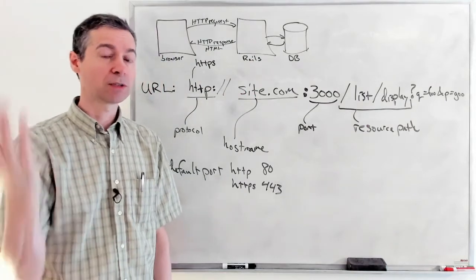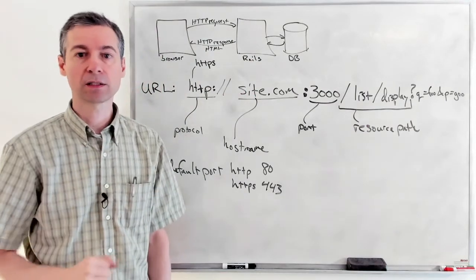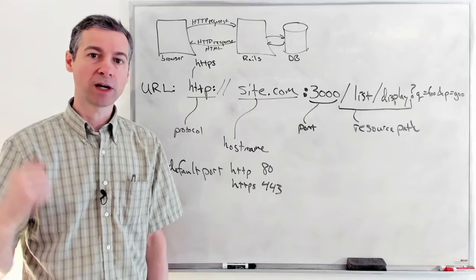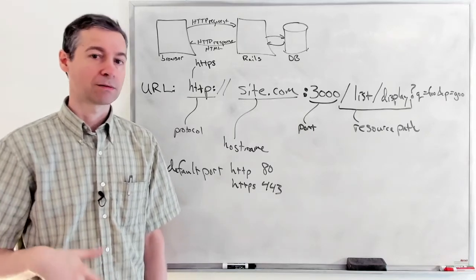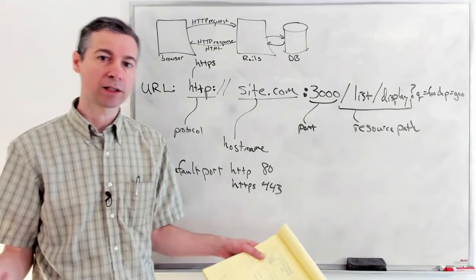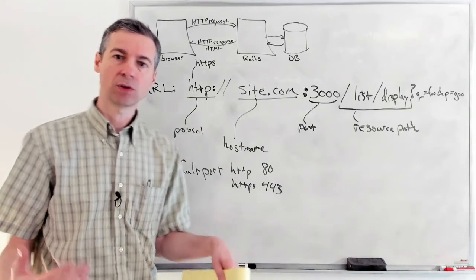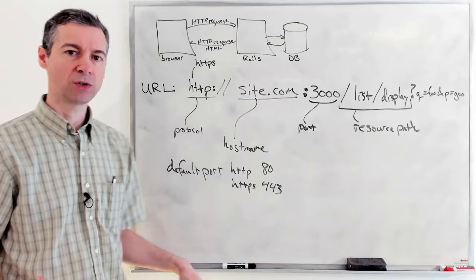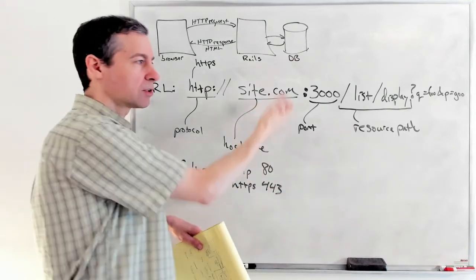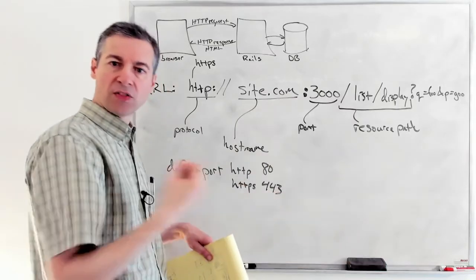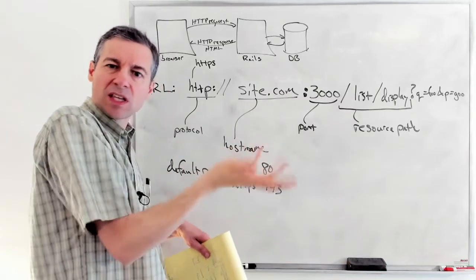Originally, go back to 1994, 95, before you were likely born, it was please fetch me this file. It has since evolved to be much more akin to making a function call on the server. Please run this, please do this thing for me.